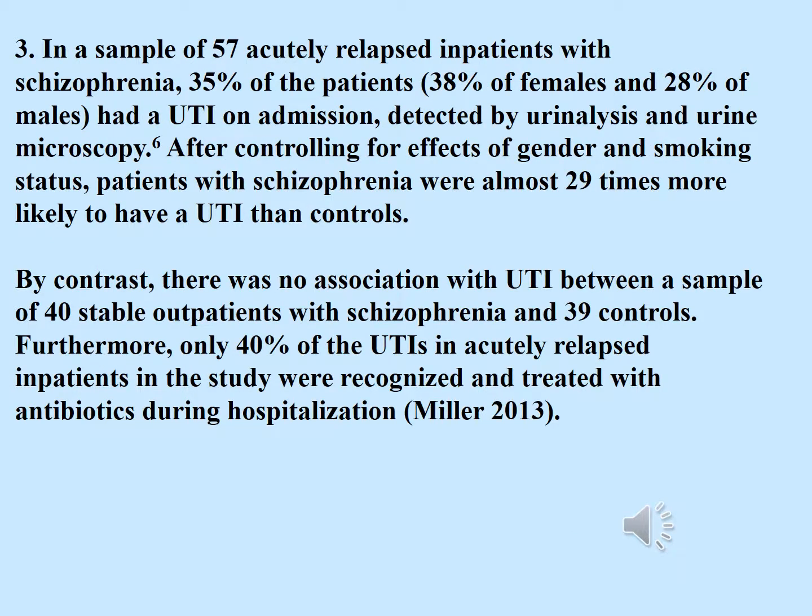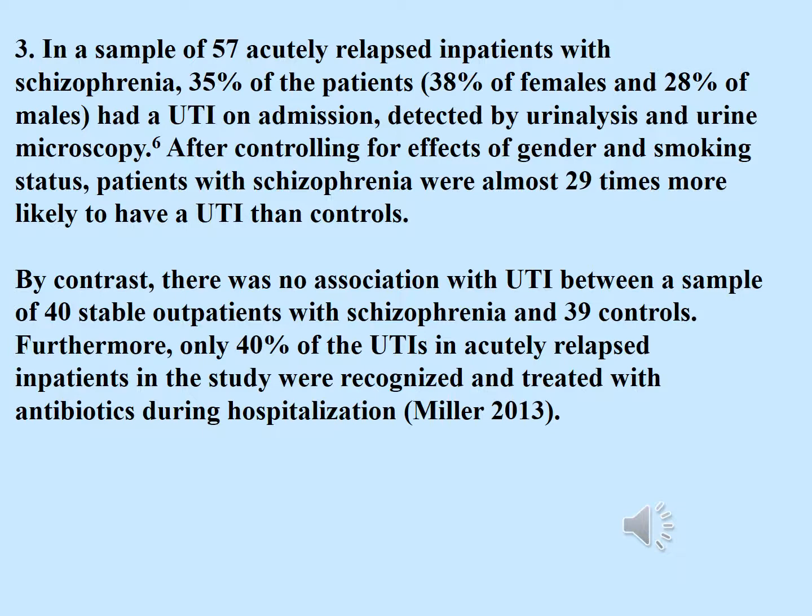In a sample of 57 acutely relapsed inpatients with schizophrenia, 35% of the patients had a UTI on admission, detected by urine analysis and urine microscopy. After controlling for effects of gender and smoking status, patients with schizophrenia were almost 29 times more likely to have a UTI than controls.